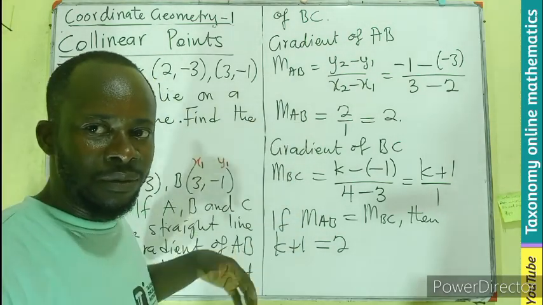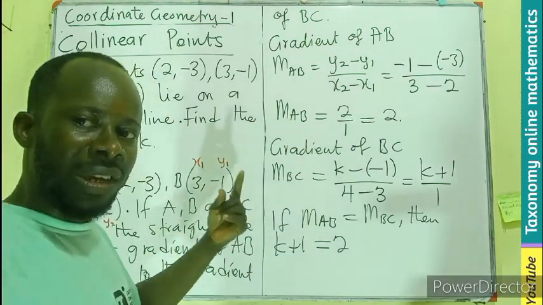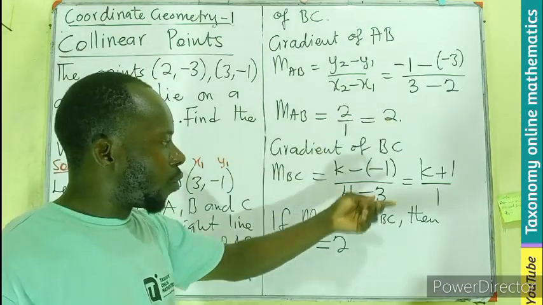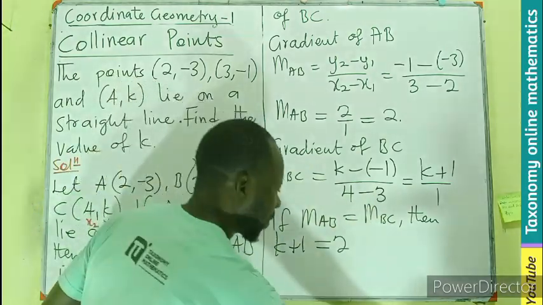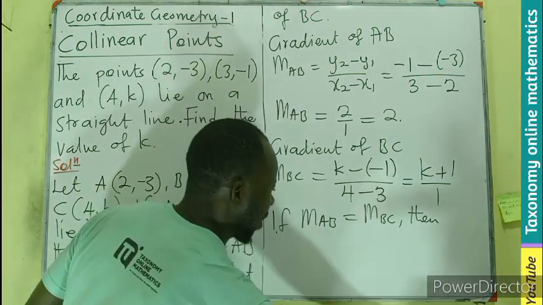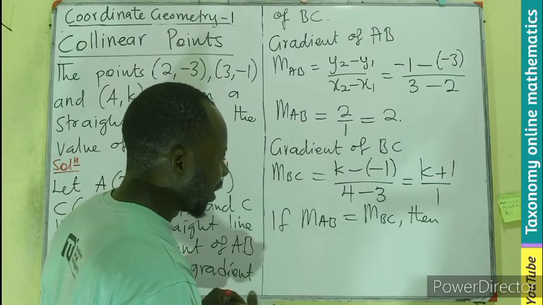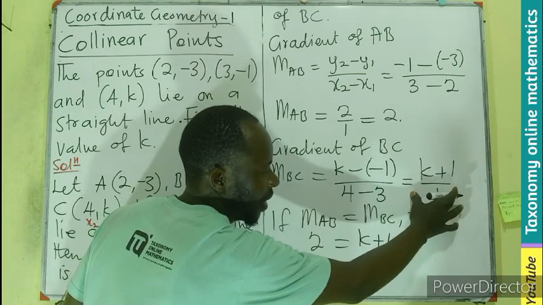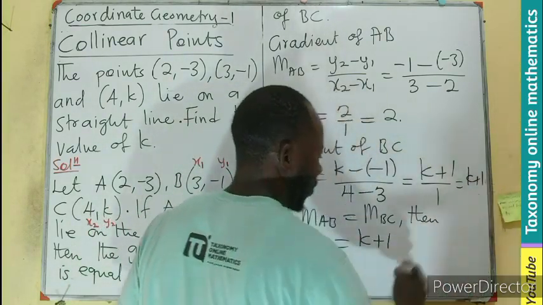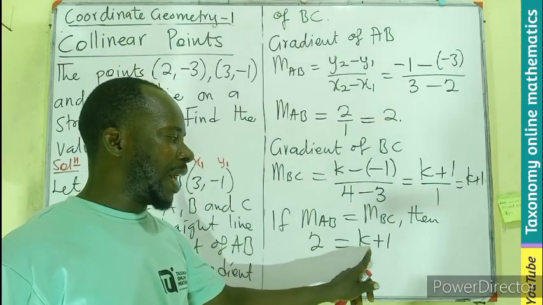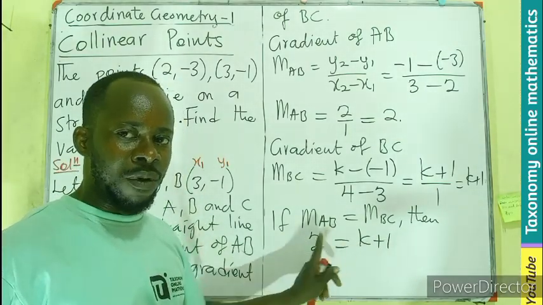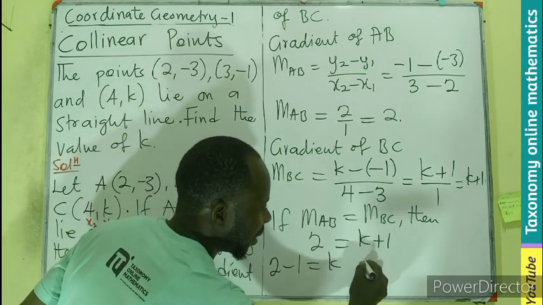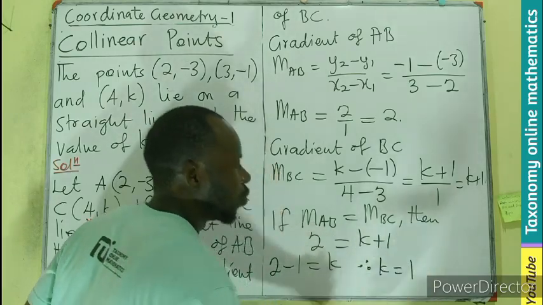If they are collinear, on the same straight line, they have the same gradient, which means the first gradient, 2, equals the second gradient, k + 1. Here I need k, so I subtract 1 from both sides. That gives us 2 minus 1 equals k. Therefore, k equals 1.